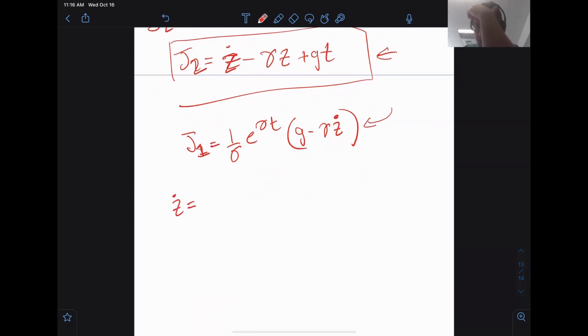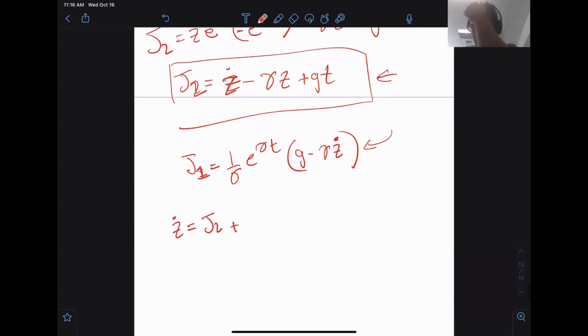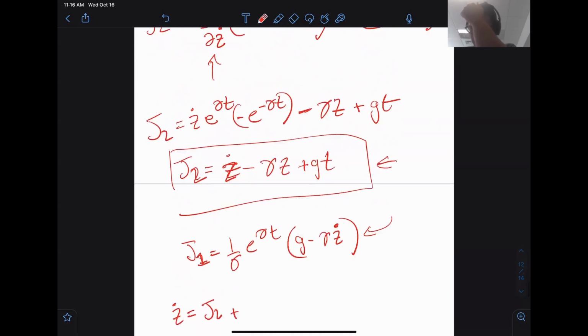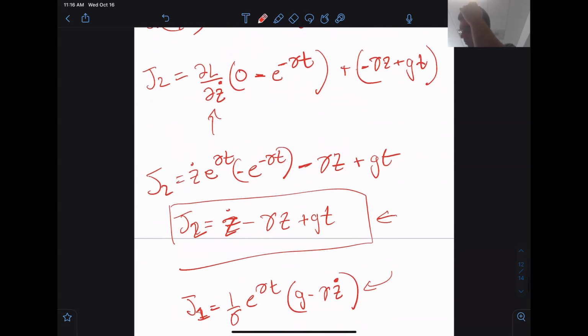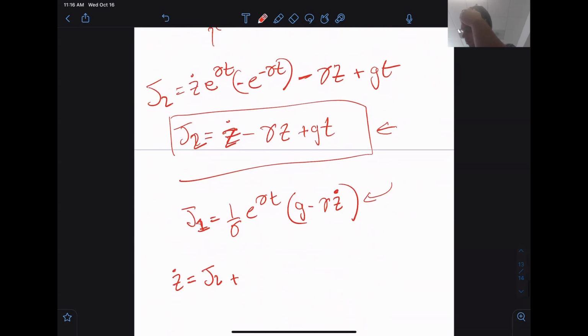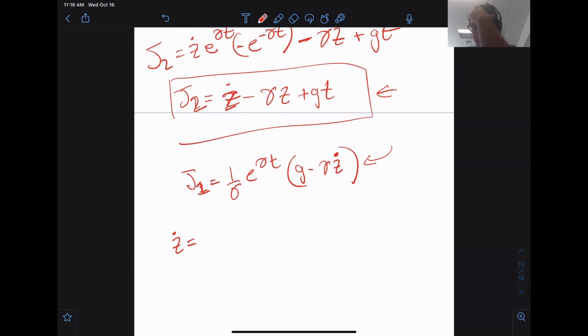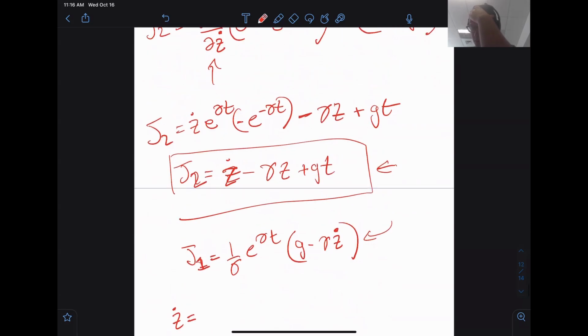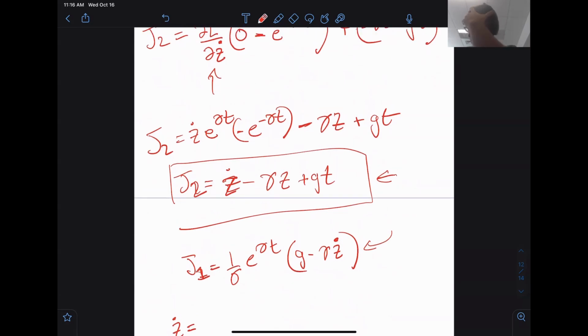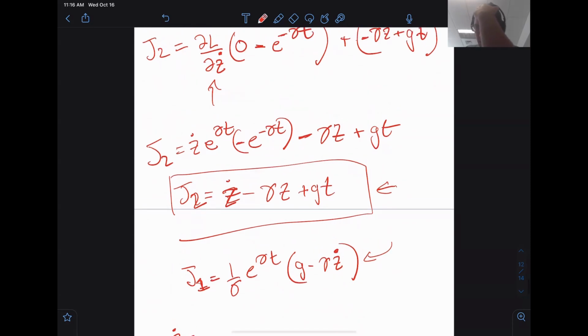So z dot is equal to J2 plus, no, there's supposed to be a minus sign here.